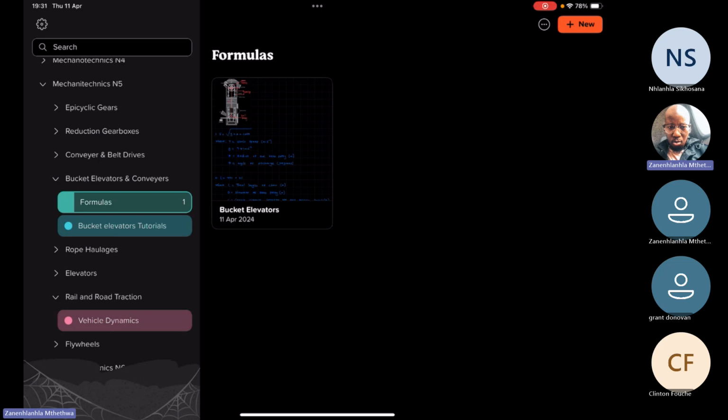For test 1 and test 2, we did epicyclic reduction and conveyor belt drives. They also carry a lot of marks, but you should be fine with those. You definitely didn't struggle with those chapters, epicyclic reduction as well as module 3, in test 1 or test 2. So you should be fine there.